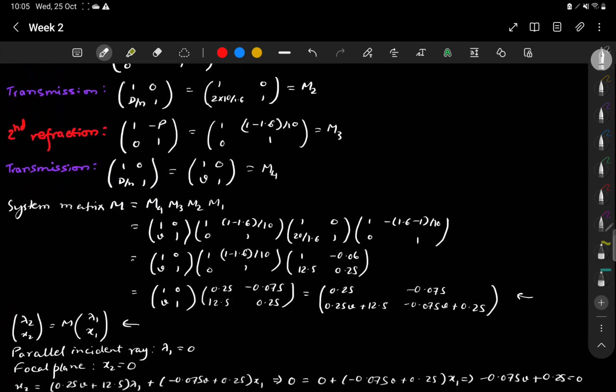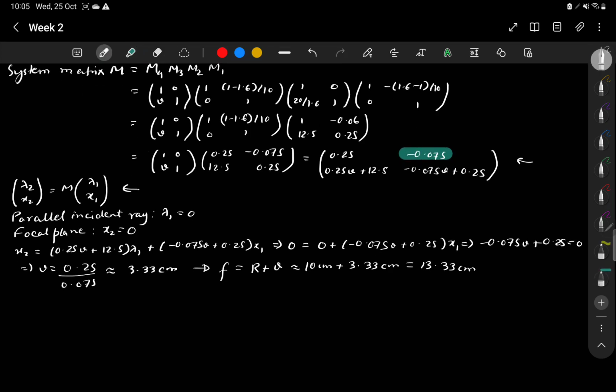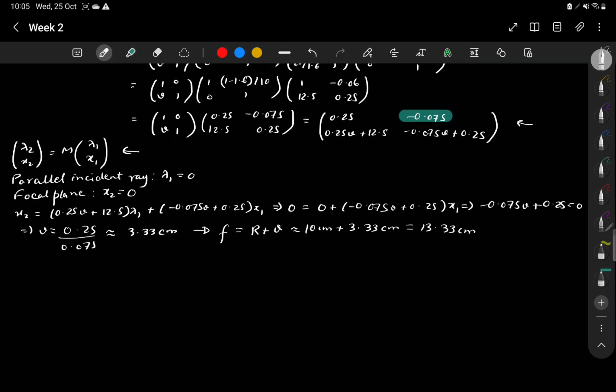Note that we could also find it from another method by using this element over here. So we know that from system matrix, and this is A12, we know that 1 over f is minus A12. We saw it in a previous question. This is important. So, and A12 is, we know, is this.